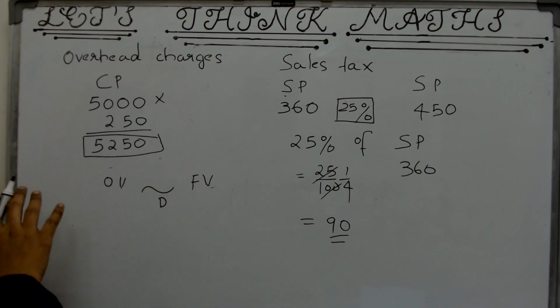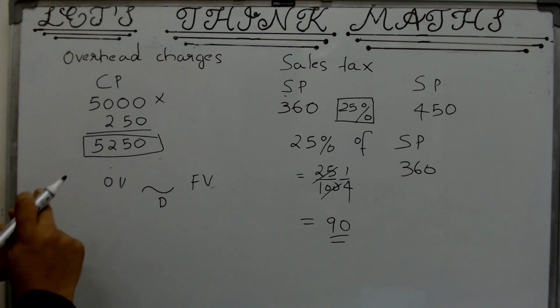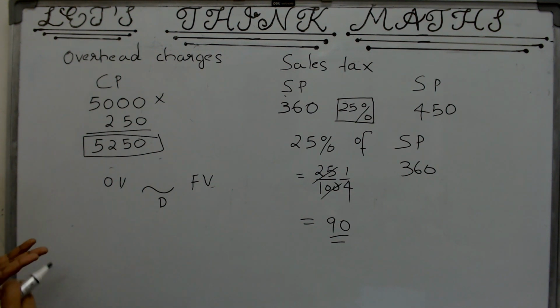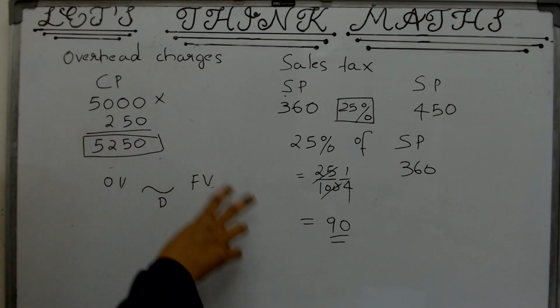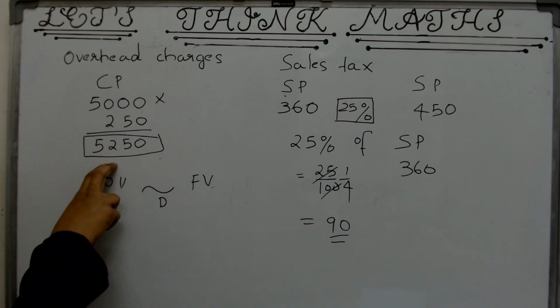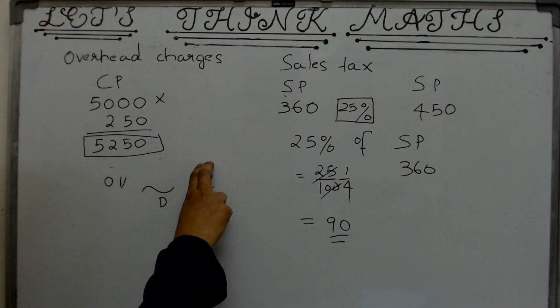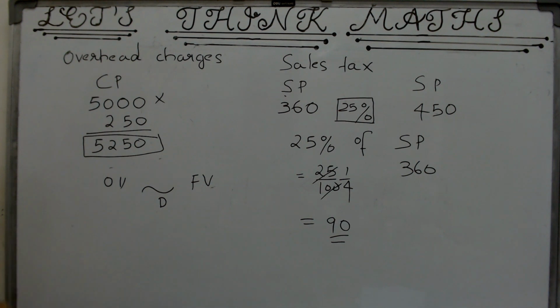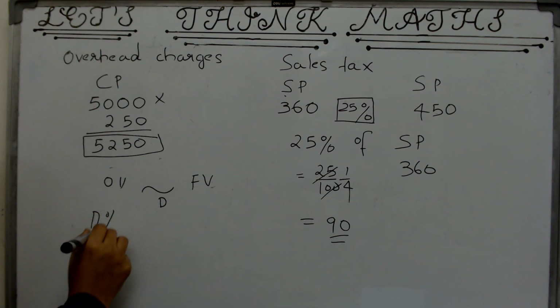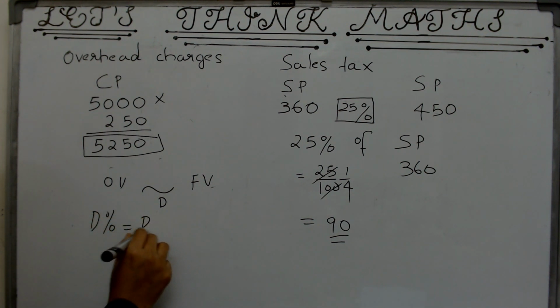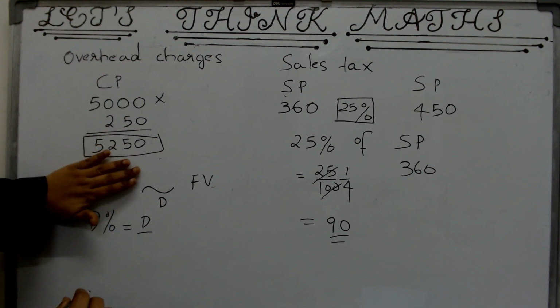That difference goes by many names: discount, profit, increase, decrease, but the logic is the same. There is an initial value, an original value, a final value. Find their difference, and the percentage of the difference will always be the difference divided by the value that you started with, into 100.